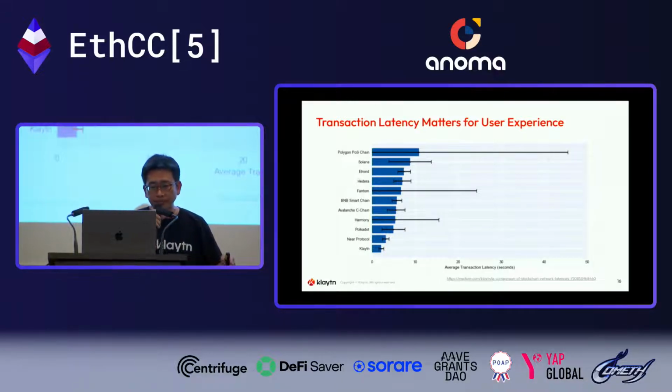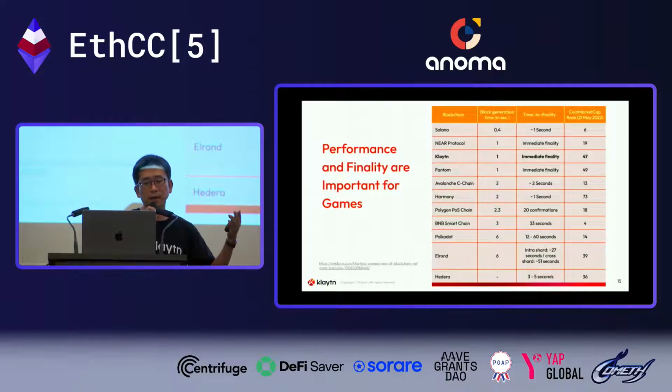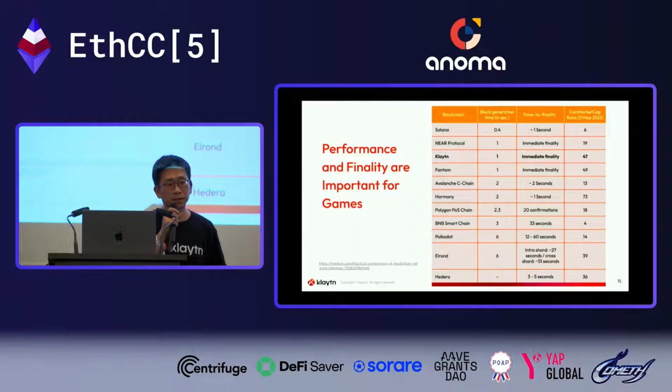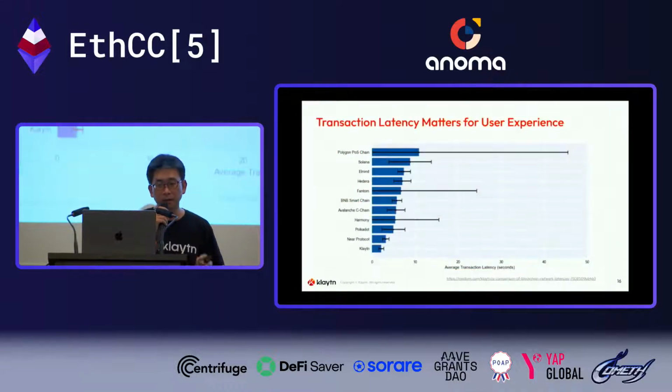Even though these blockchains say they have 0.4 seconds, 1 second, 2 seconds for the block generation, the transaction latency might be much larger than the block generation time, because they might need more confirmation and so on.